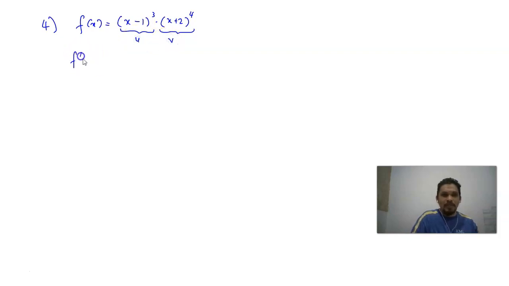Okay, so f prime(x) equals u prime dot v plus u dot v prime. The proper one in the book is v prime u plus u v prime, still the same. So let u equal (x - 1) cubed and v equal (x + 2) to the power of 4.